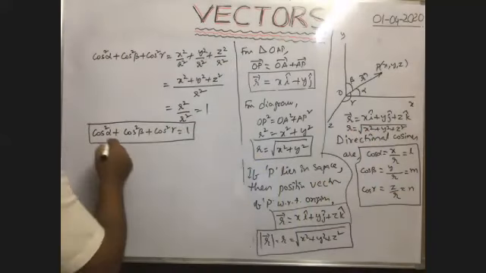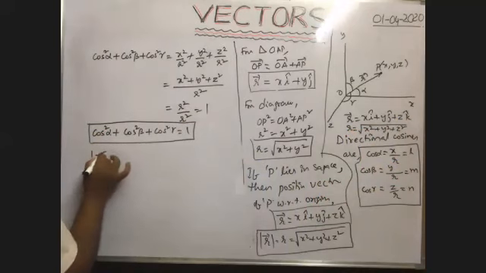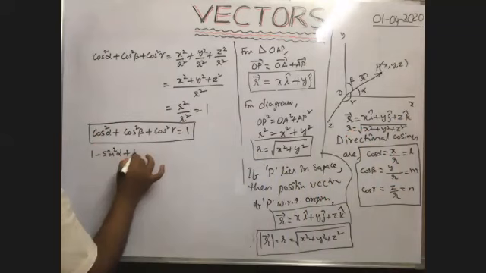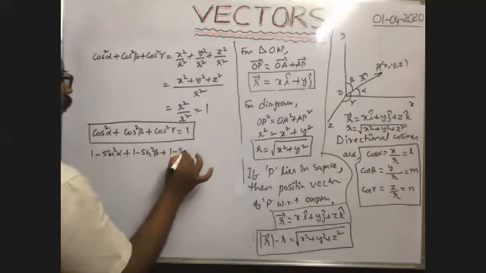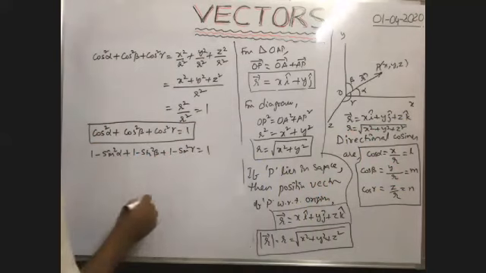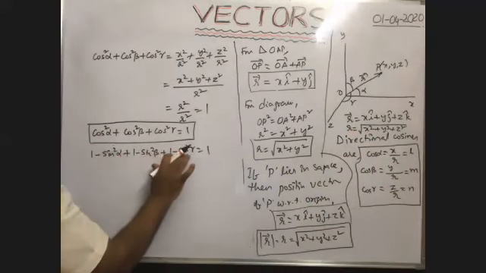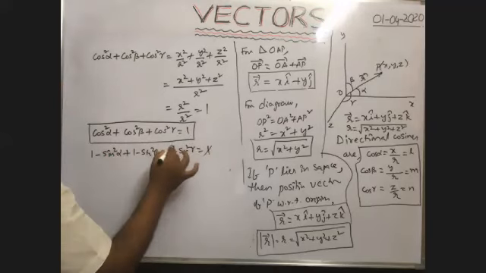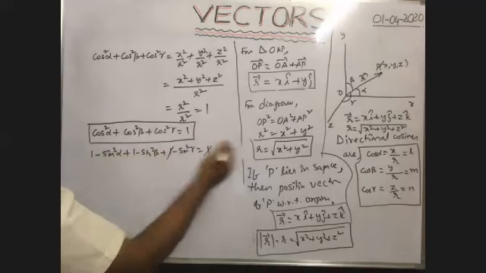2. Because here, cos square alpha we can write as 1 minus sine square alpha, plus cos square beta means 1 minus sine square beta, plus cos square gamma means 1 minus sine square gamma, is equal to 1. Okay, you bring all sine square alpha, sine square beta, sine square gamma to the right, and you bring this 1 to the left. Of course, here 1 cancels.